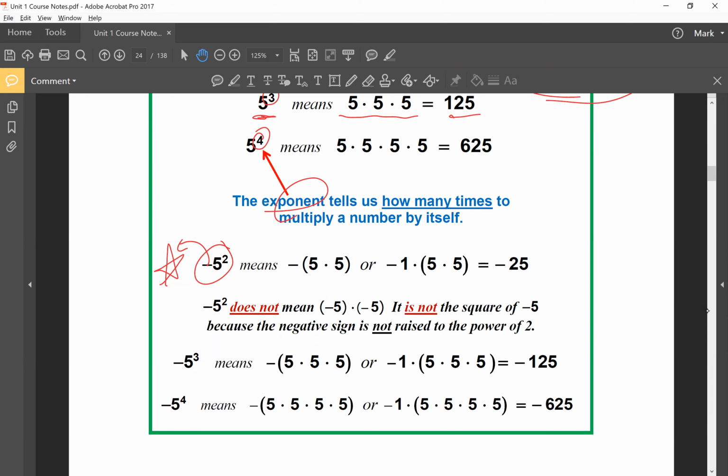If I have -6 cubed, for example, I'm only cubing the 6. So the negative stays outside, and then I would multiply the 6's, let's say squared. Okay, and you'll understand what I mean in a few minutes. -5 squared does not mean I multiply -5 twice. The negative is not part of the question. It's outside. And again, if you're confused, you'll see what I mean. But in every case, the negative is outside.